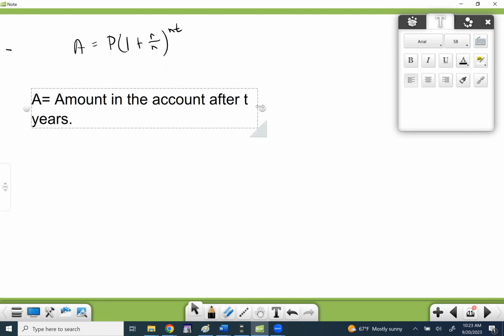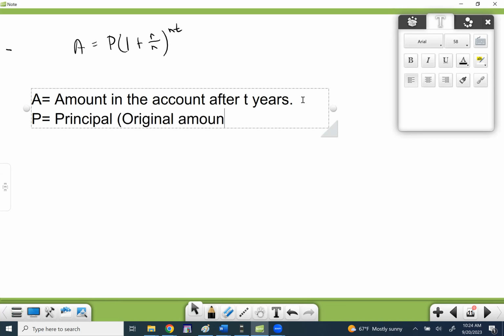It's all going to be in terms of years because they usually give you interest rates as an APR, an annual percentage rate. So we're going to let our time be years. Now P is referred to as the principal. That is just the original amount, the amount either invested or borrowed, whatever, but it's the original.